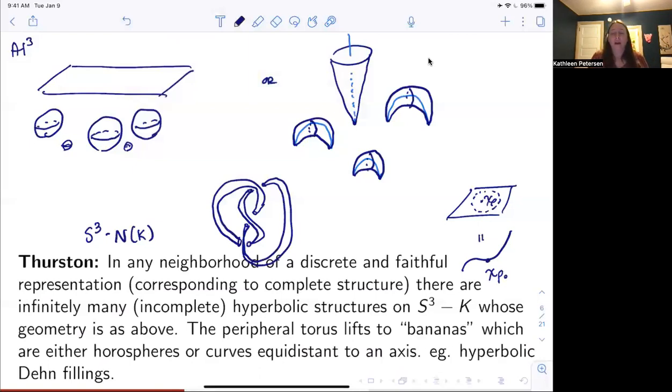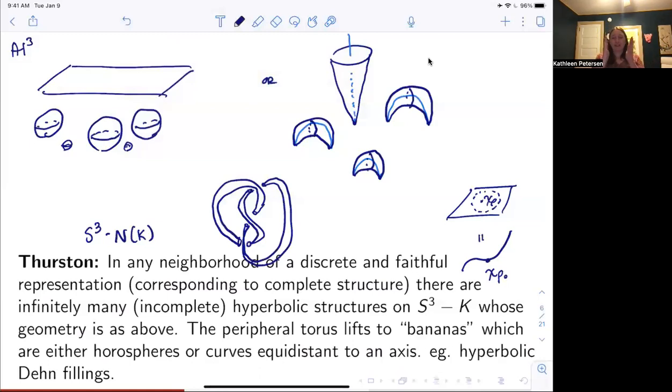Okay, and I can shrink my neighborhood of a knot. I should say this is all up to homotopy. So I'm taking a nice neighborhood of the knot so I get the actual banana and not a 5-day-old banana or something tragic like that.